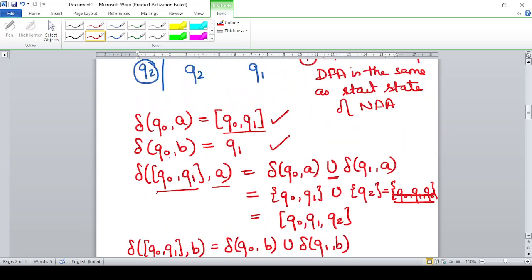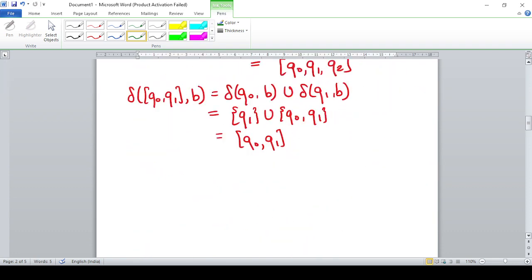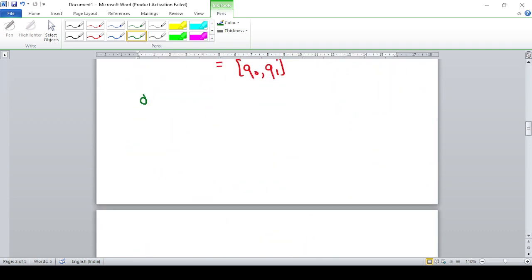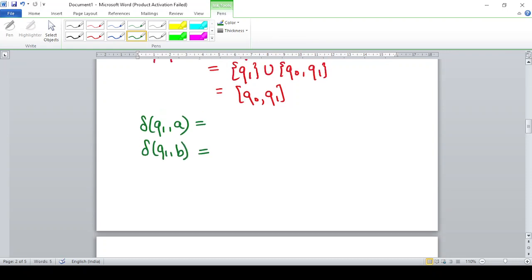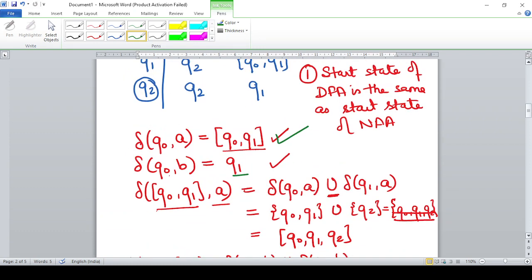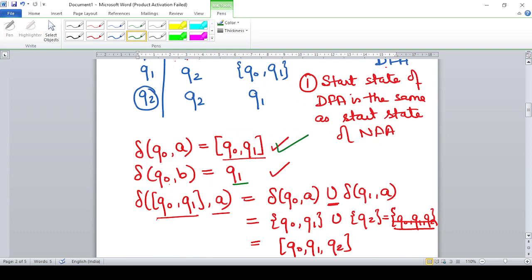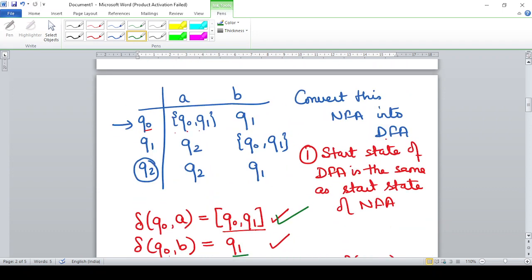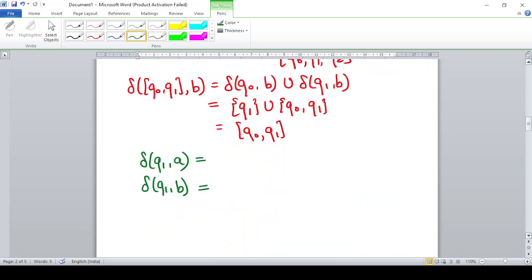Now we come back. As you can see, you have defined q0 q1 for all input symbols. The next state on the right hand side is q1. So I will define q1 for all input symbols. That means delta of q1 with input A, and also on q1 with input B. On q1 when you give A, you are getting q2, and on B you are getting q0 q1.